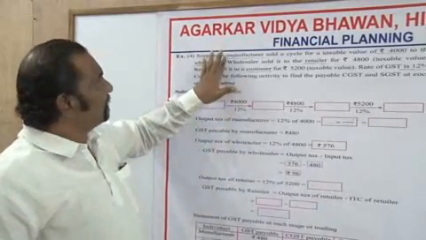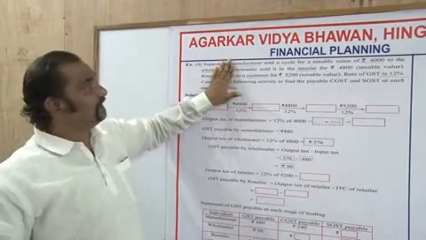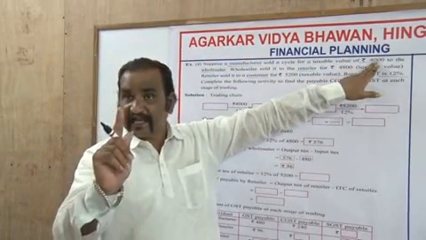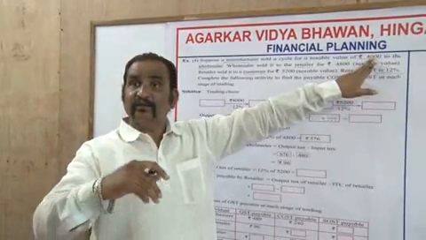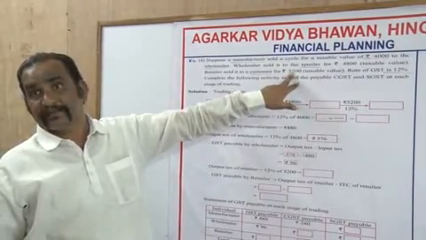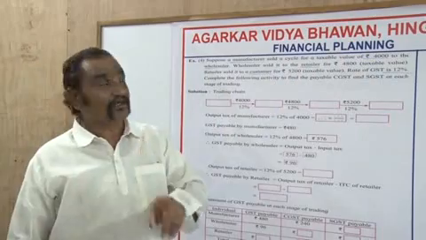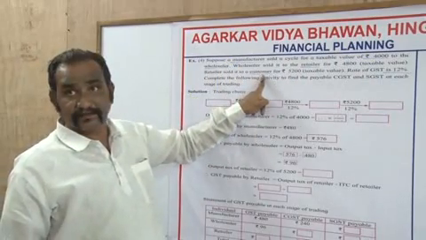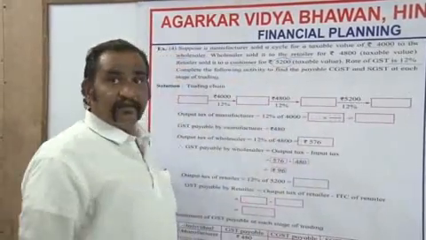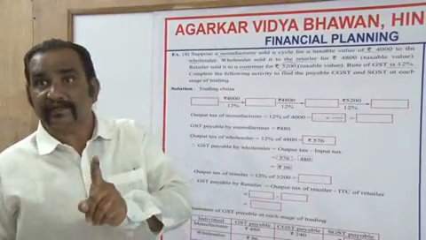When the manufacturer manufactures that cycle in his company, the taxable value is 400. The first value of that cycle is 400, and from retailer to the customer it costs 5,200. This is the difference in the cost of the same cycle from manufacturer to customer. This is the final value of that cycle, meaning the third trade from retailer to customer.